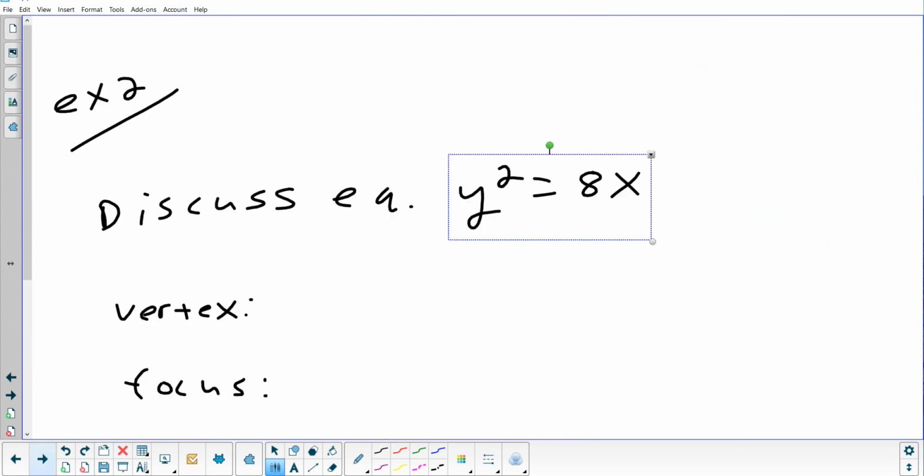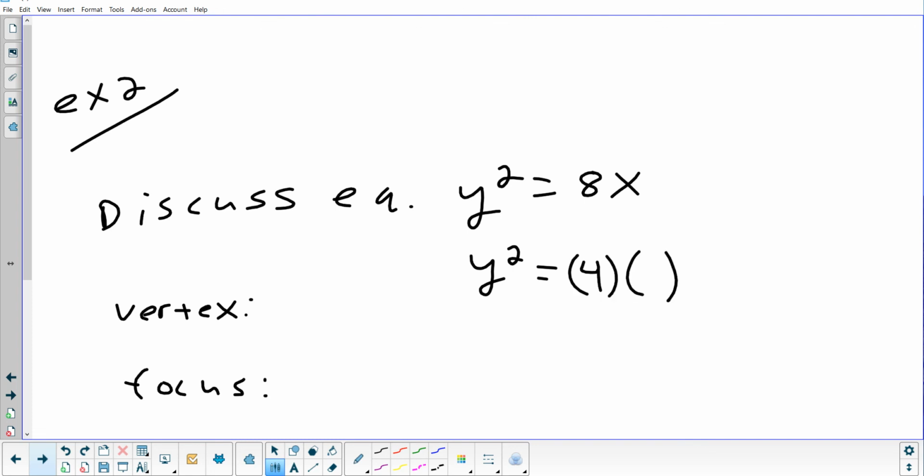So when we write the equation, what number is always right here, and it makes A very easy to see? 4. You always have to put a 4 here, then you put A here, and then you put X here. So right now we're basically figuring out A. 2. So A equals 2. And that should tell you pretty much everything.